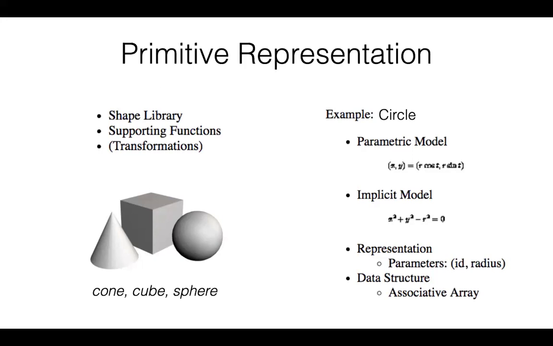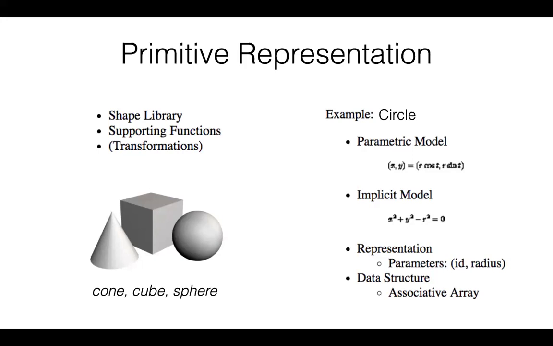Instead of just representing the unit circle, we put the radius of the circle here. The radius is a parameter. And so the data structure that we are going to use to describe this primitive in the modeling system is an associative array. That associates the parameter with its value.